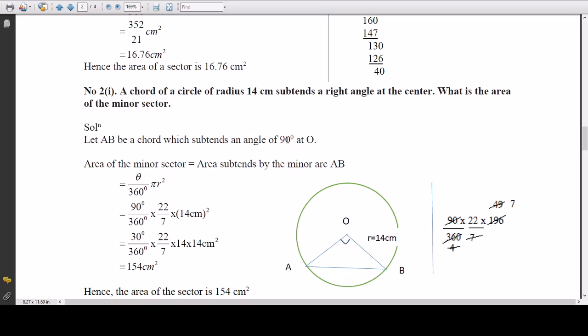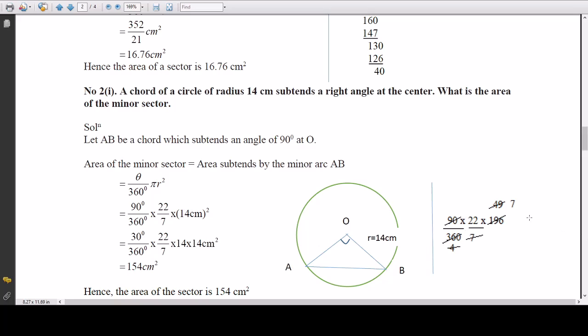Now theta is 90 degrees, radius 14 cm. Using the same formula for the area of a sector, theta by 360 pi r square. Substituting, theta is 90 and radius is 14. Cancelling 0 with 0, 90 and 360, 9 and 36, you will go with 4.